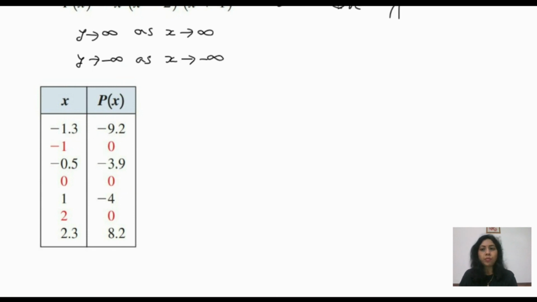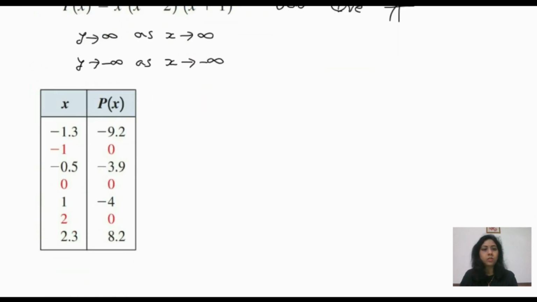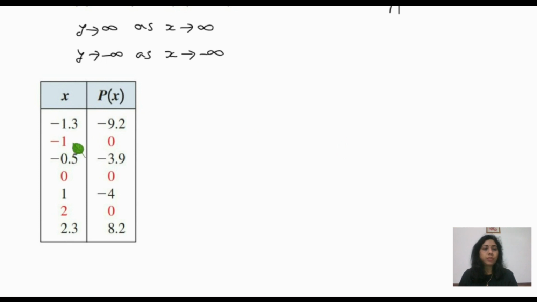For minus infinity to minus 1, we choose minus 1.3, and we get a negative value. It means the graph is below the x-axis. Here from minus 1 to 0, we choose negative 0.5, and we get a negative value.